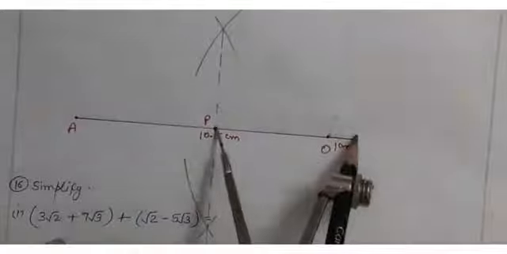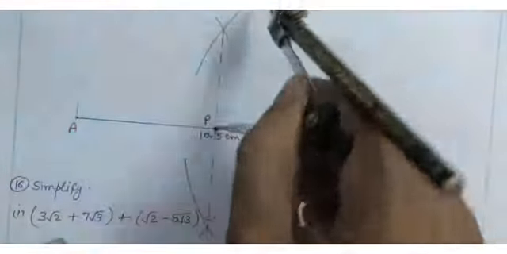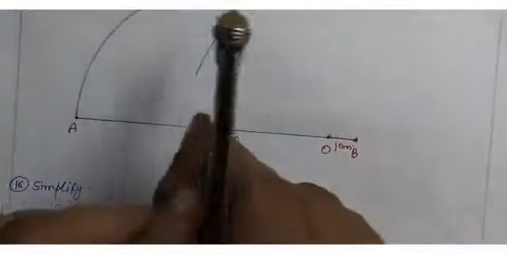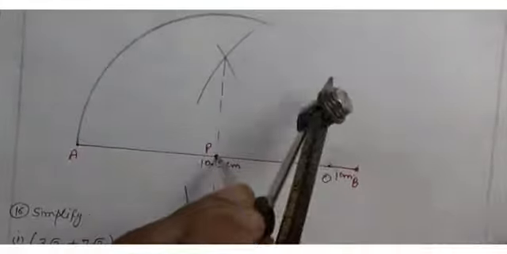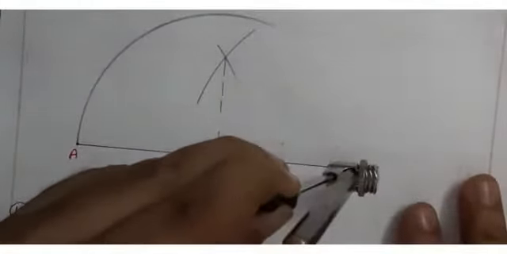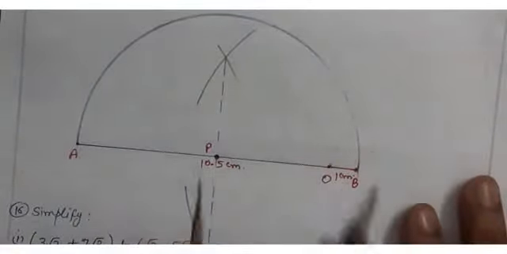This is B. Now I am drawing one semicircle like this.